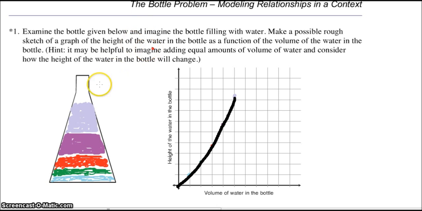Notice if I add like 1 more unit here, this is going to be kind of strange, but I think it's still just going to keep going up. So something like that. So is that all we need to do? Make a possible rough sketch of the graph.